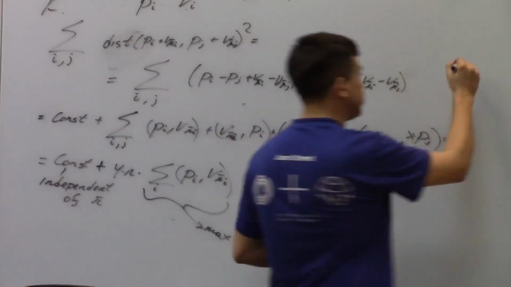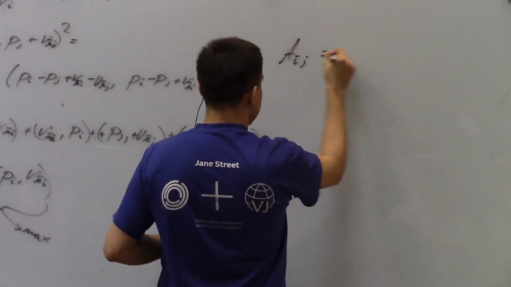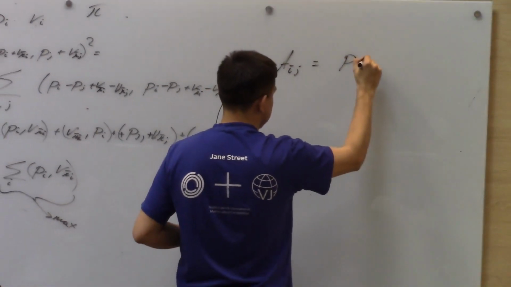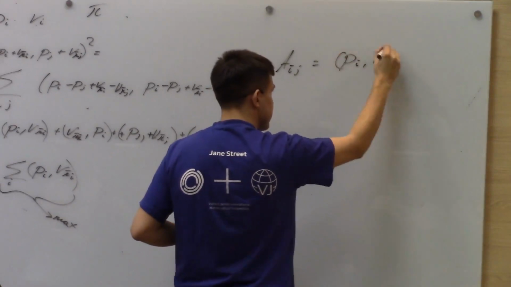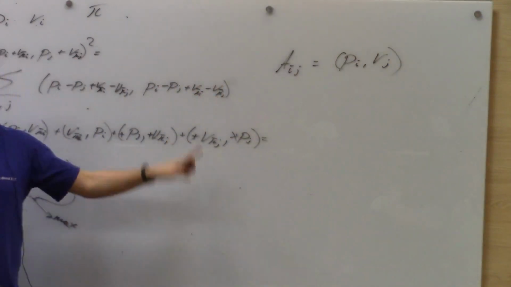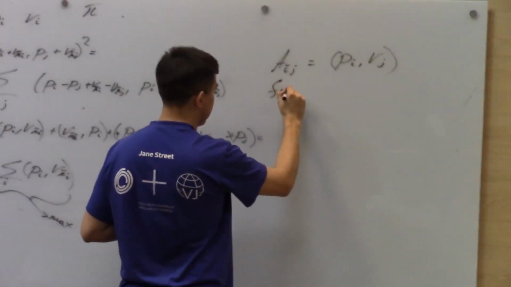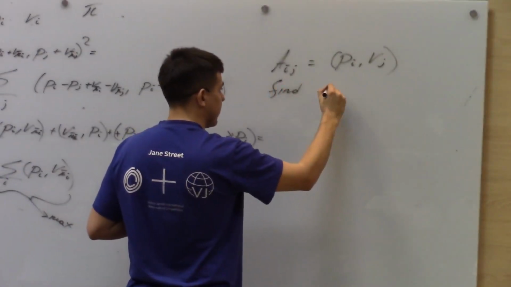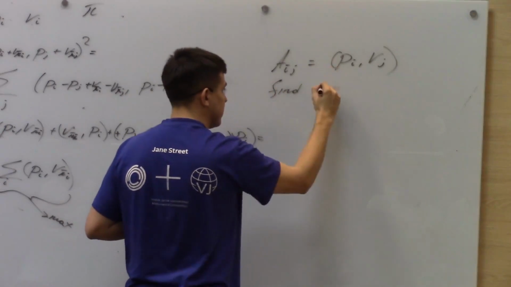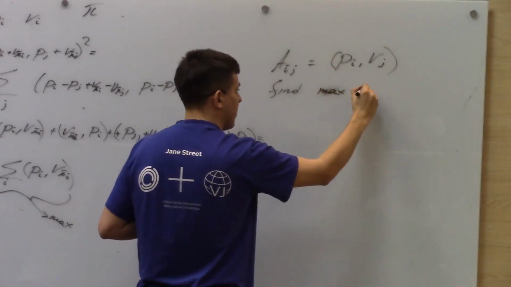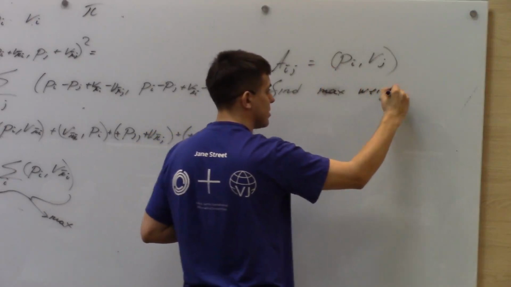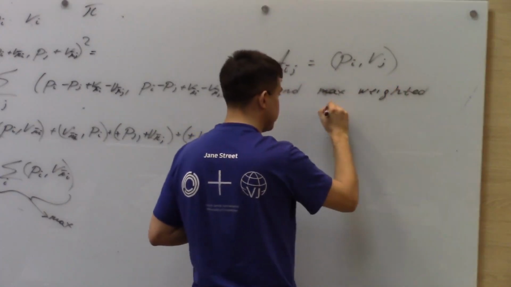Okay, so let's create matrix Aij is equal to pi and vj, the scalar product of ith point and jth vector, and find maximum weighted matching.